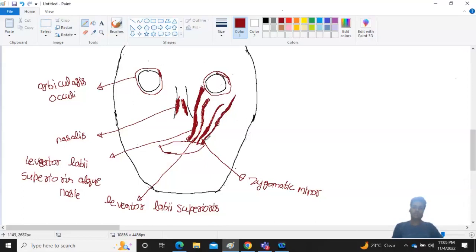This is a big muscle. This is zygomatic major.